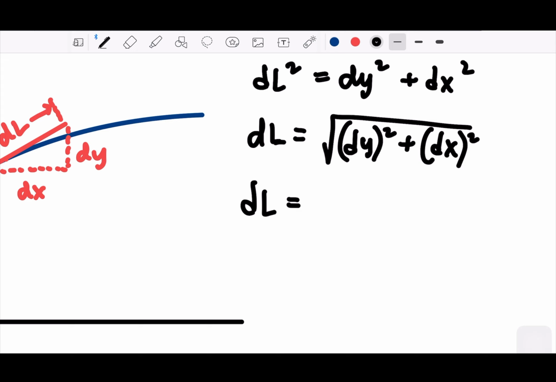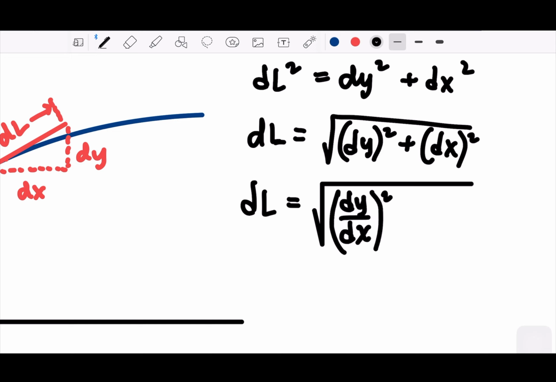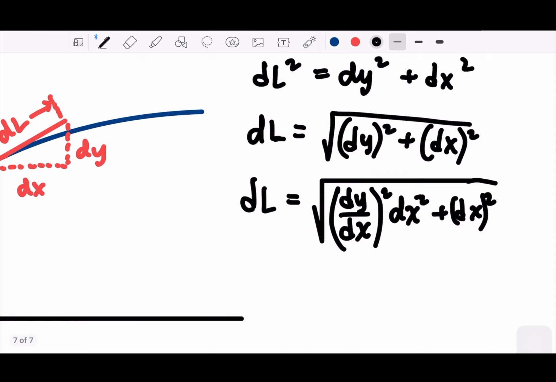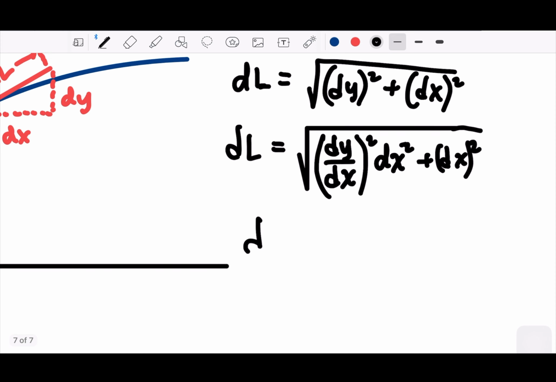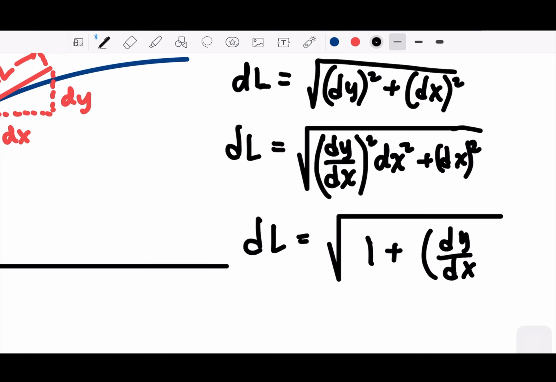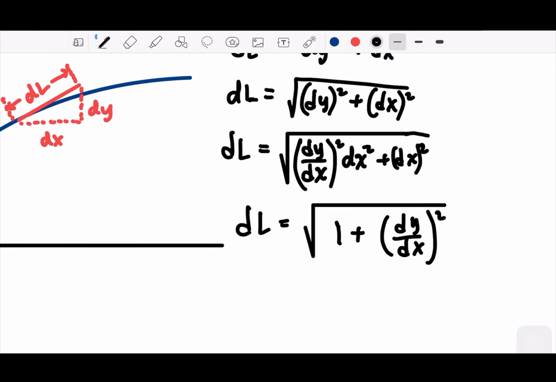And let's say we divide all by dx squared. And I'll factorize the dx outside. So we'll have the square root of 1 plus dy over dx, squared, and then dx at the end.